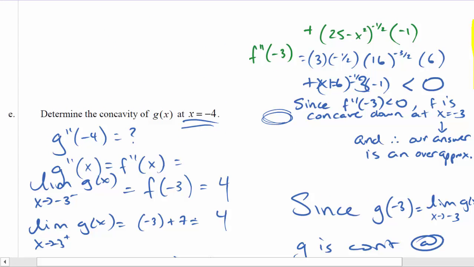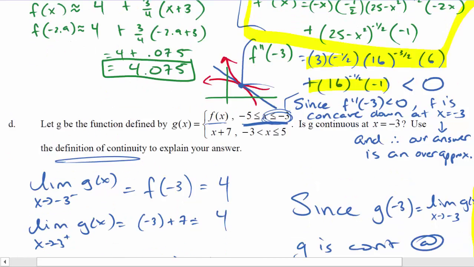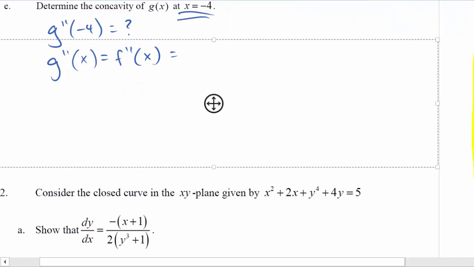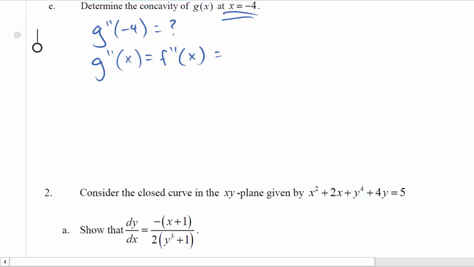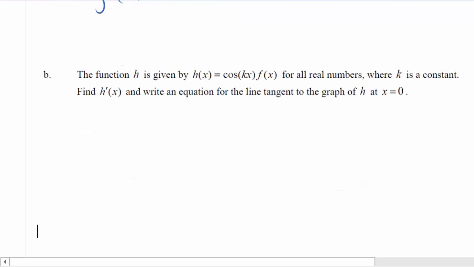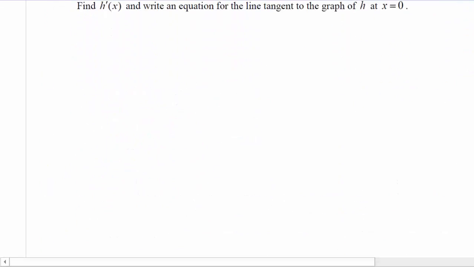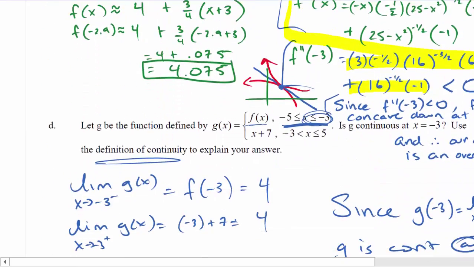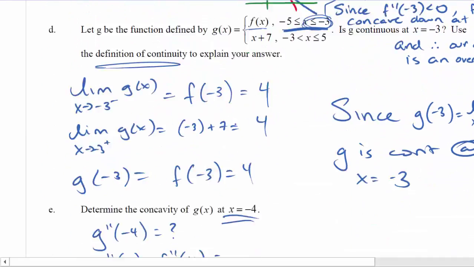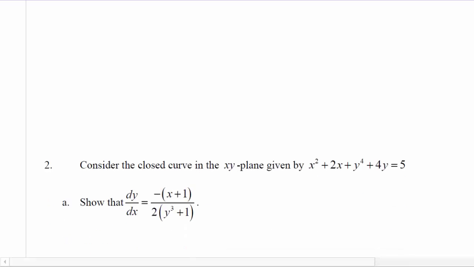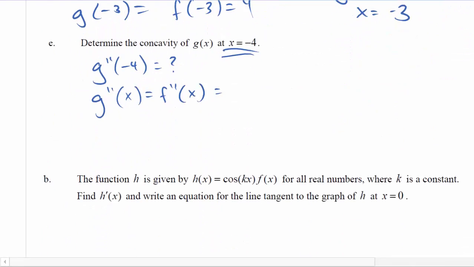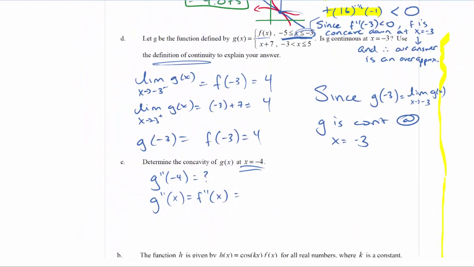And I think I undid it. Doesn't look like it. Okay. I'm just going to have to copy it down.